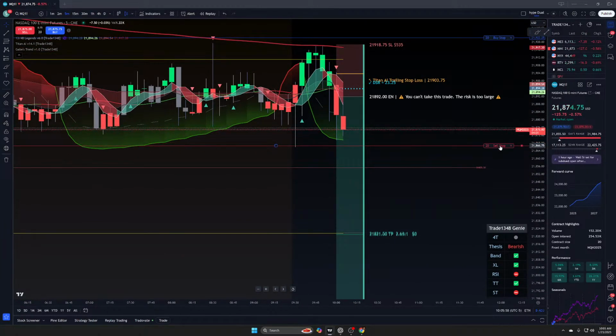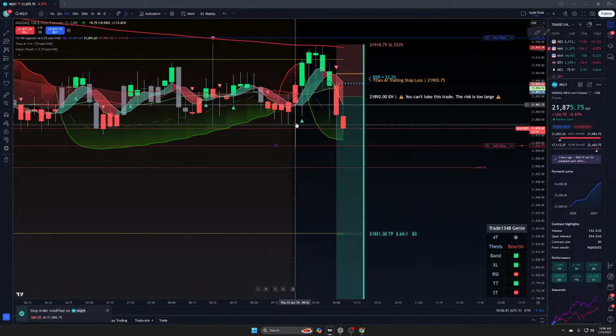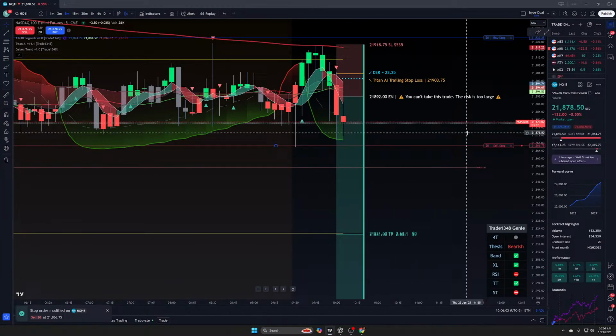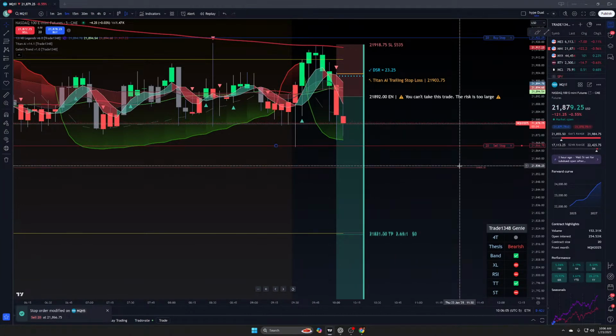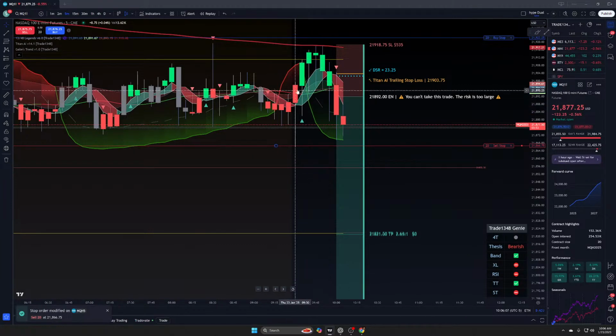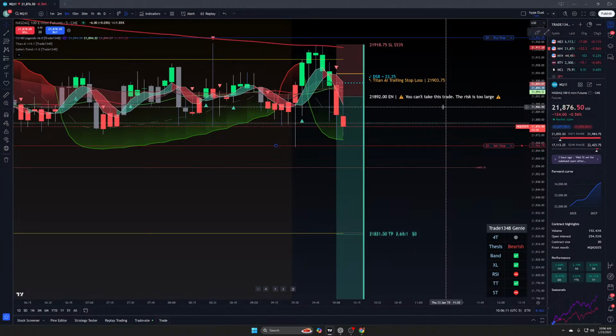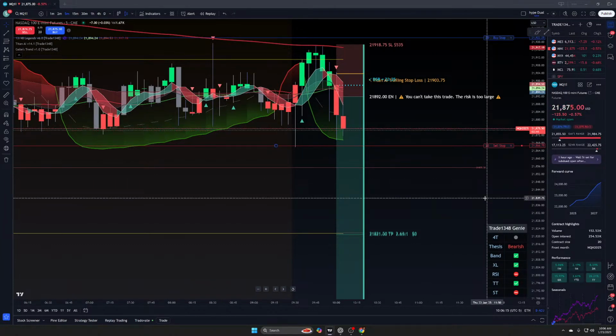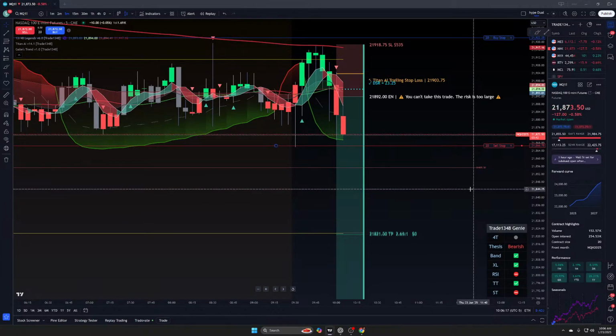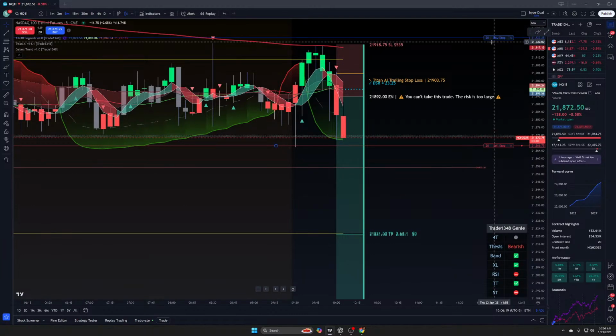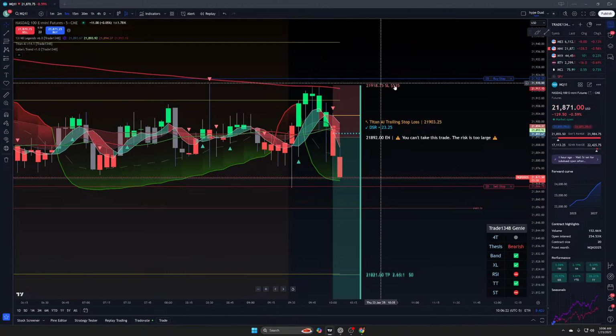Let me just get away from this guy right here because we do have a previous candle that came all the way down here with that wick. So I'm just going to hang out here, right? How many times have you guys seen that? Let's see. I have a buy stop above the 200.